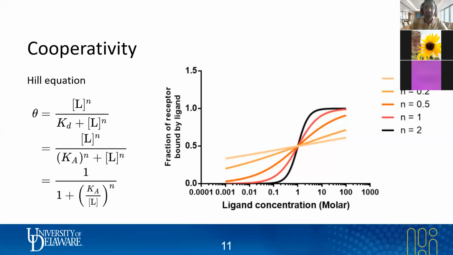Can any of you think of a system in human biology that's cooperative? Or is this an example that would be familiar to you? Say hemoglobin.